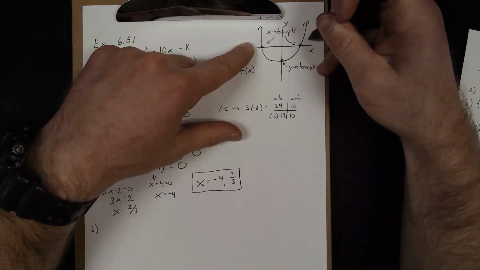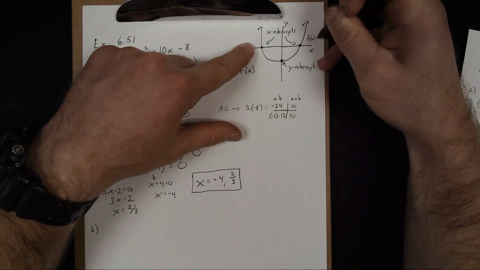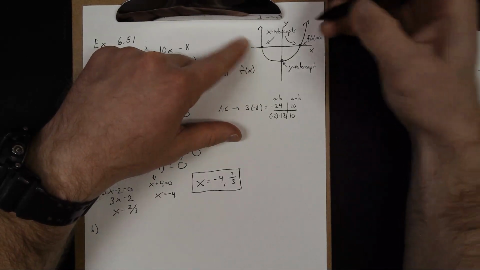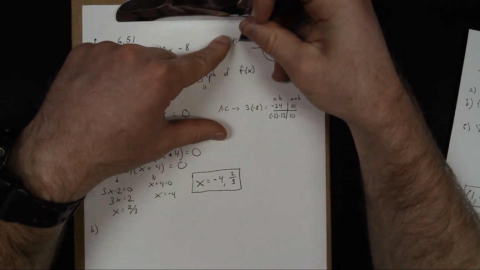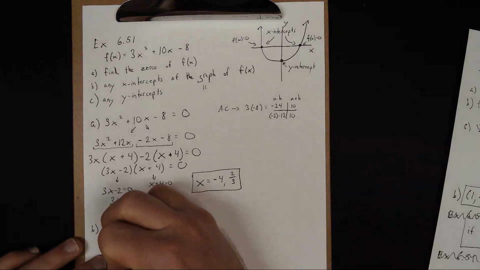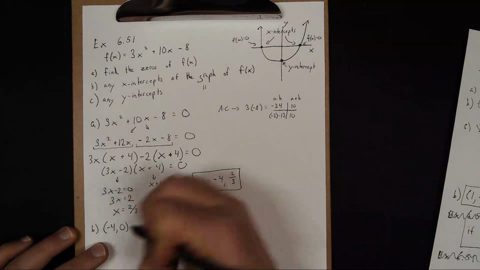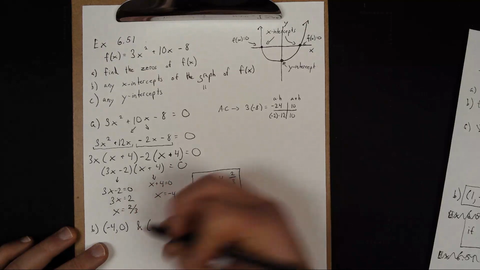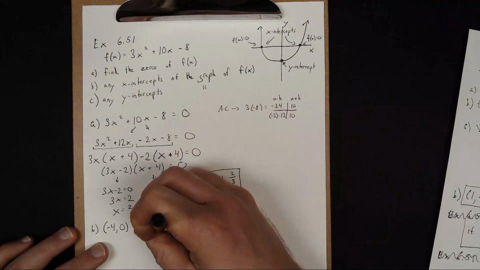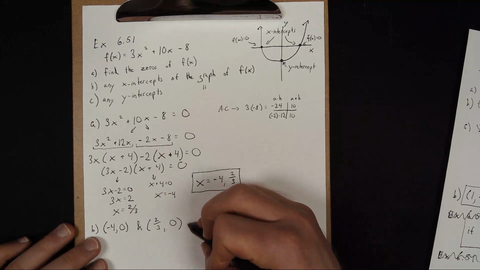So we say f of x equals 0 at this point. F of x equals 0 at this point. So we already have our points. We know negative 4, 0 is one point. 2/3, 0 is the other point. These are x-intercepts.